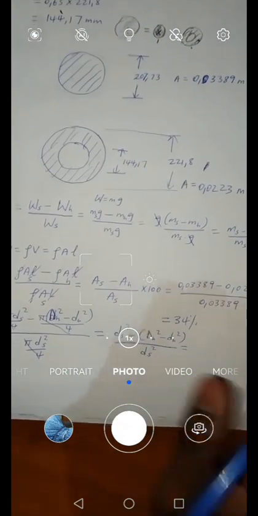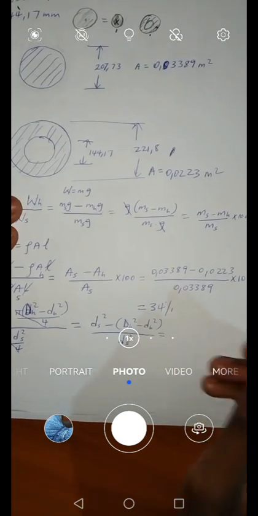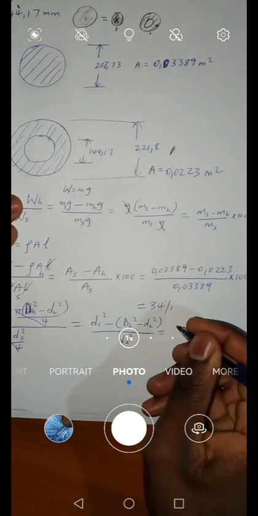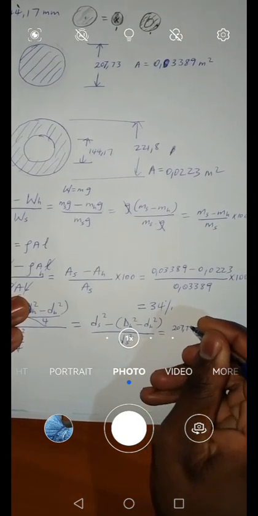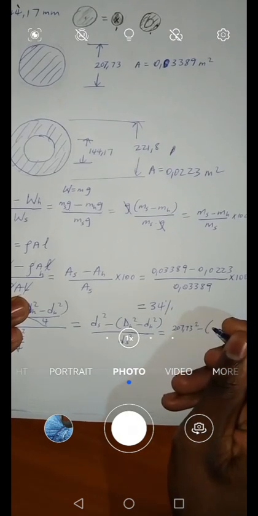Then you just have to substitute it there. You will have the diameter of the solid shaft, 207.73 squared, minus the diameter of the hollow shaft, the big one, 221.14 squared, minus the diameter of the hollow shaft, the small one, 144.17 squared, all over 207.73 squared.